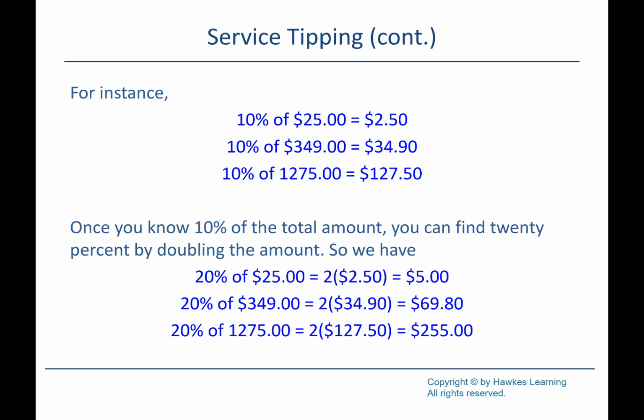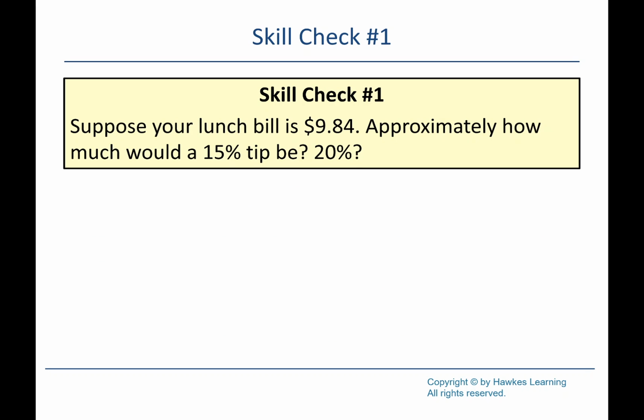Let's actually calculate one. We're going to do the math behind this one. And it's not hard. Let's do it both ways. Let's estimate, and then let's actually punch it in the calculator. So it says our lunch bill is $9.84. Let's approximate how much a 15% tip would be, and then how much a 20% tip would be. Try to get close in your head first if you can. You don't have to be exact.